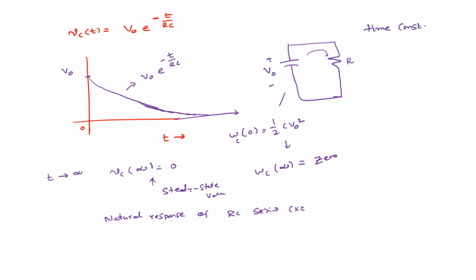So the time constant of the circuit is defined as the time required for the response to decay to a factor of 1 by E of its initial value.